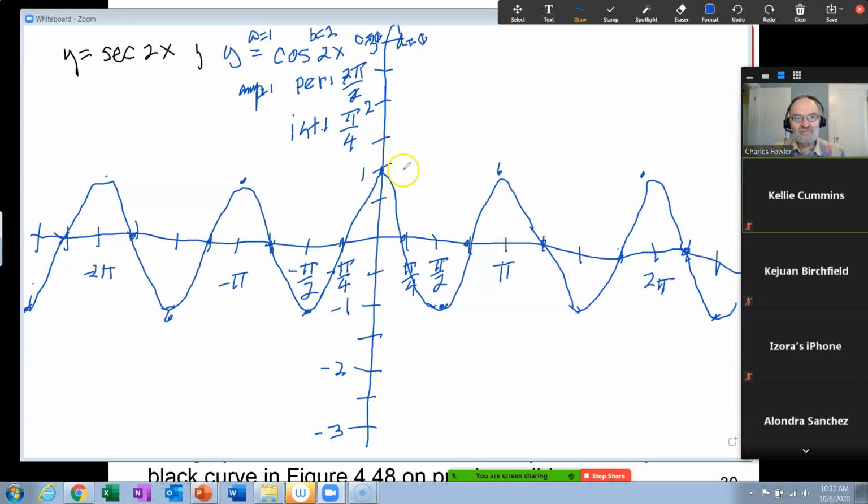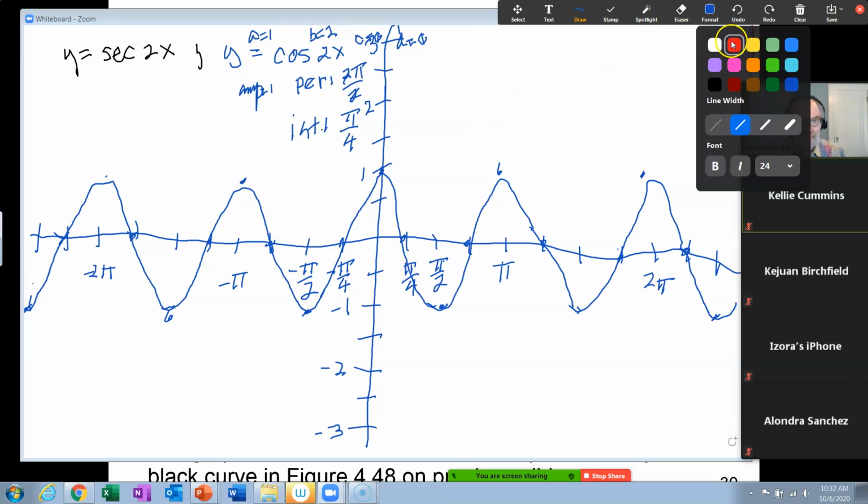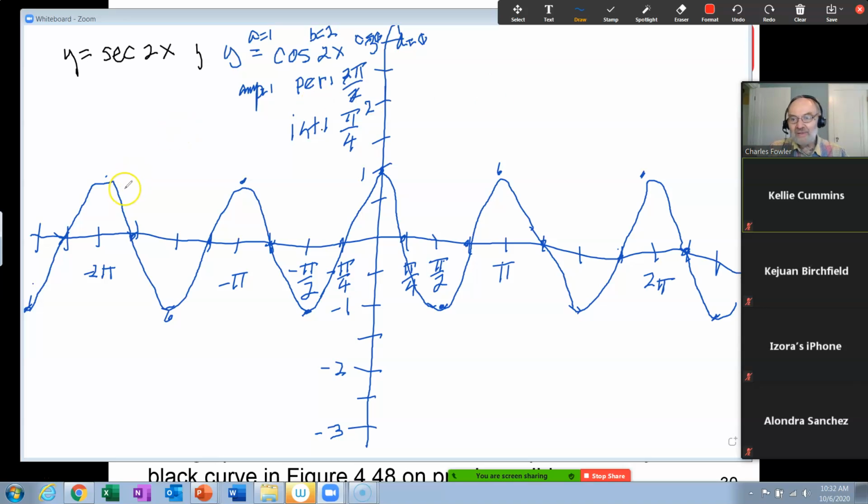There's the cosine function. Now I'm going to choose my bright red to be my vertical asymptotes because I don't want the secant function even coming close to those. So we've got a vertical asymptote here. They can get close, but they can't touch.